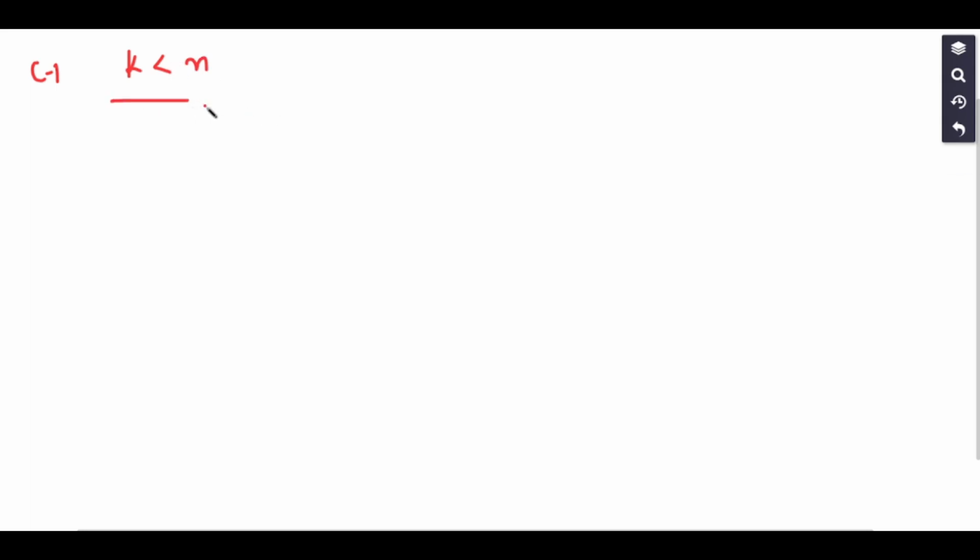Now for this case we know the sum that I want to calculate is basically we start from some position i and we keep on summing these numbers, a i plus a i plus 1 plus a i plus 2 and so on till a i plus k minus 1.